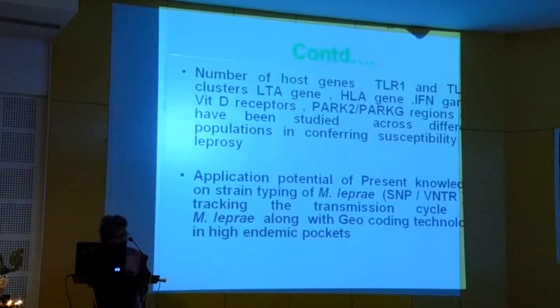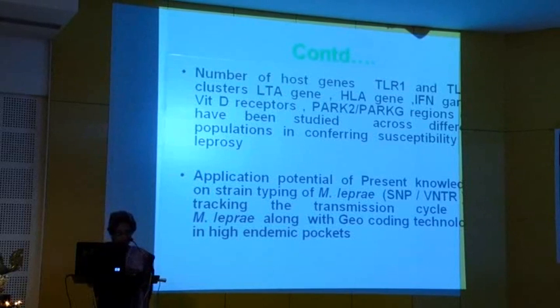Next is the application potential of present knowledge on strain typing of M. leprae. For example, the M. leprae genome is now open. Using certain marker SNPs, for example SNP typing and VNTR, variable number tandem repeats, as it is called. These are useful tools that have been identified in the tubercle bacillus as well. So they are trying to extrapolate it to M. leprae and see whether these variable tandem repeat areas will be useful for M. leprae strain typing.